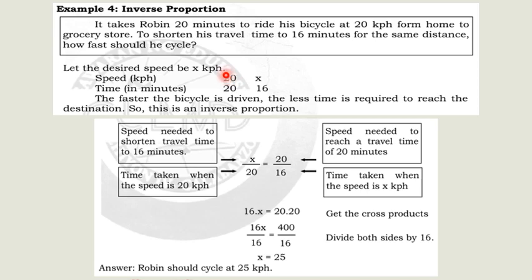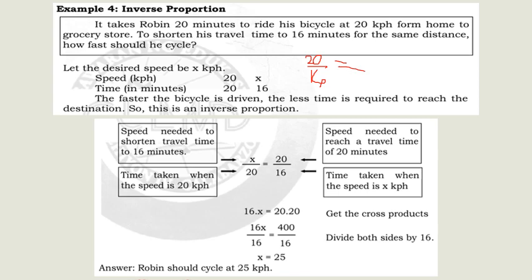So, ito munang 20, yung speed na 20, ipapartner nyo siya sa time ng kabila. Then, itong speed na x, ipapartner nyo siya doon sa time ng kabila. So, ang magka-partner dyan, ito 20 is to 16. Magkabaliktad.